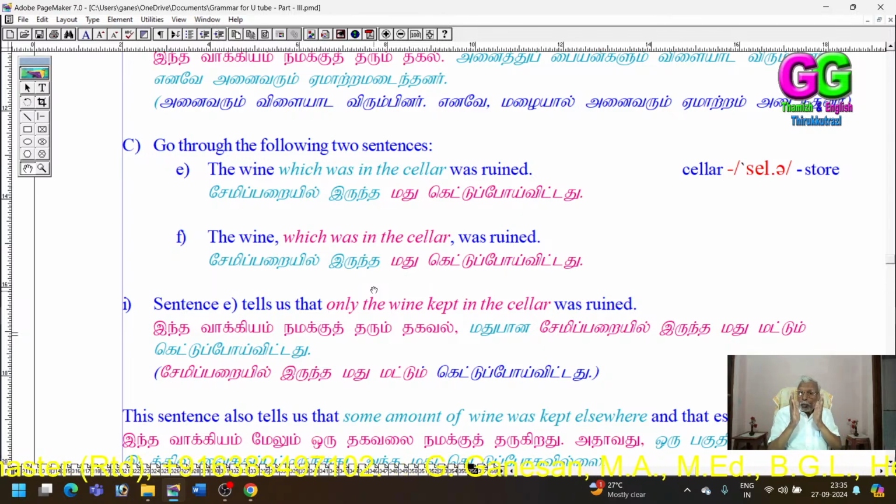That is, only the wine that was in the cellar was ruined. One meaning. Some other wine, some amount of wine, was kept elsewhere. That wine was not ruined. This is defining. Non-defining: the wine, which was in the cellar, was ruined. That is, the entire wine was in the cellar, and the entire wine was ruined.